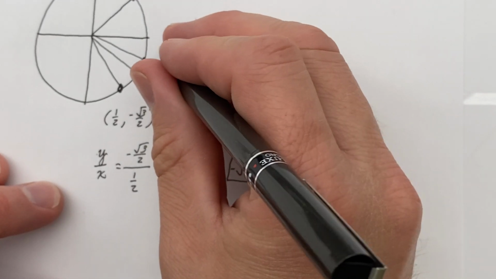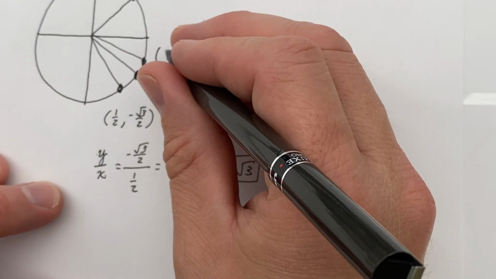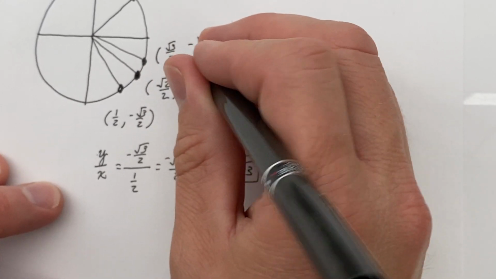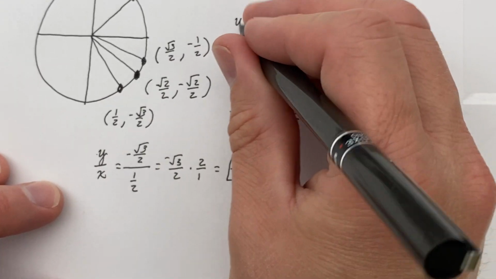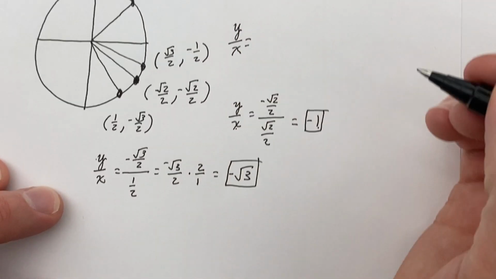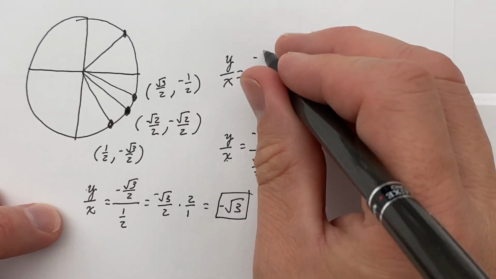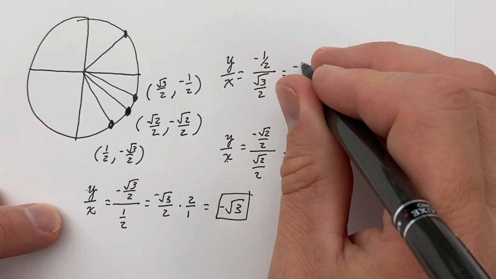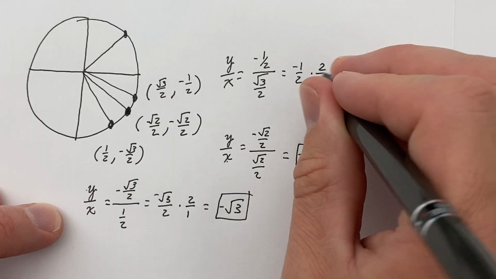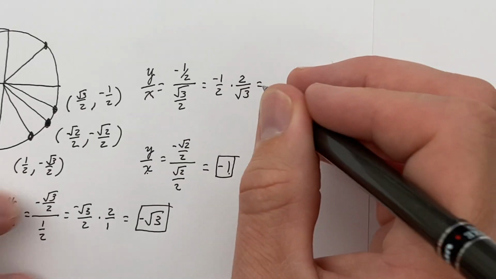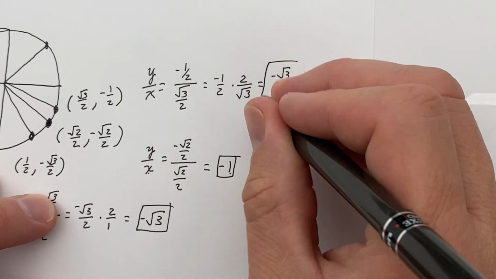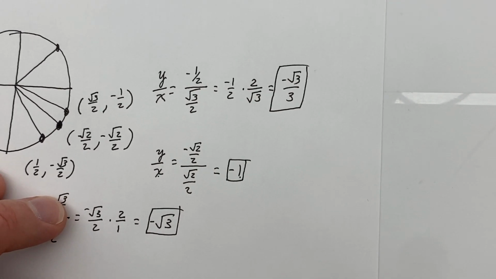And then lastly, if we look at 330 degrees, that is the square root of 3 over 2, comma, -1/2. One more time, y over x. Twos cancel. I'm going to save us a step and say that's negative square root of 3 over 3.